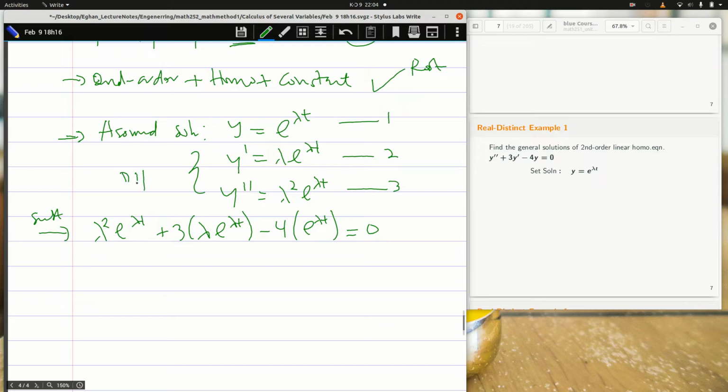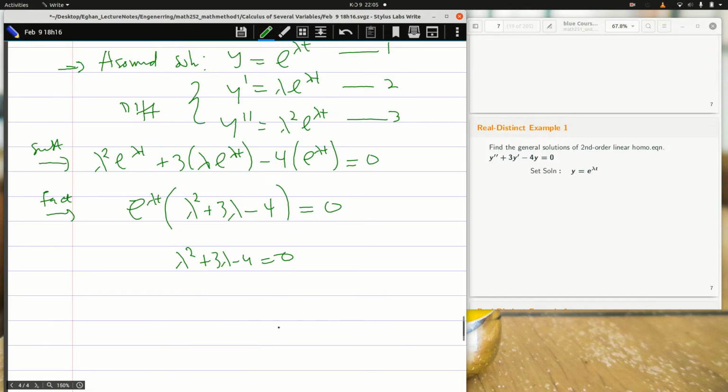Now let's do factorization. I can have e^(lambda t) out. I have lambda squared plus 3 lambda minus 4 equal to 0. If I divide through by e^(lambda t), I'll end up getting just this result.